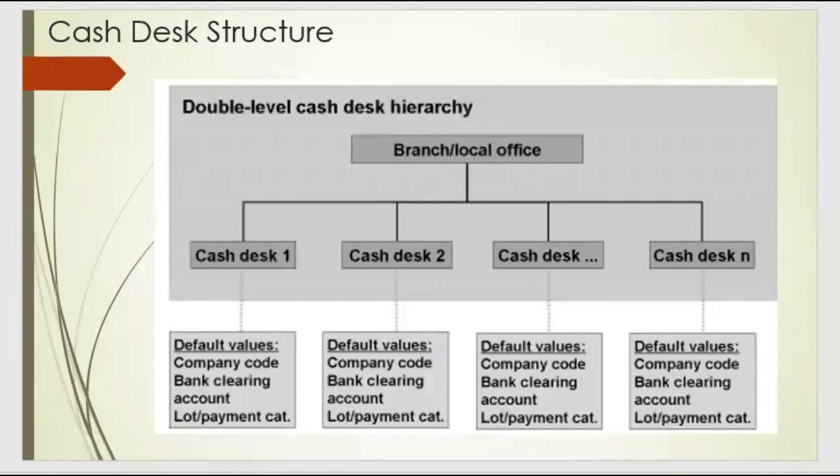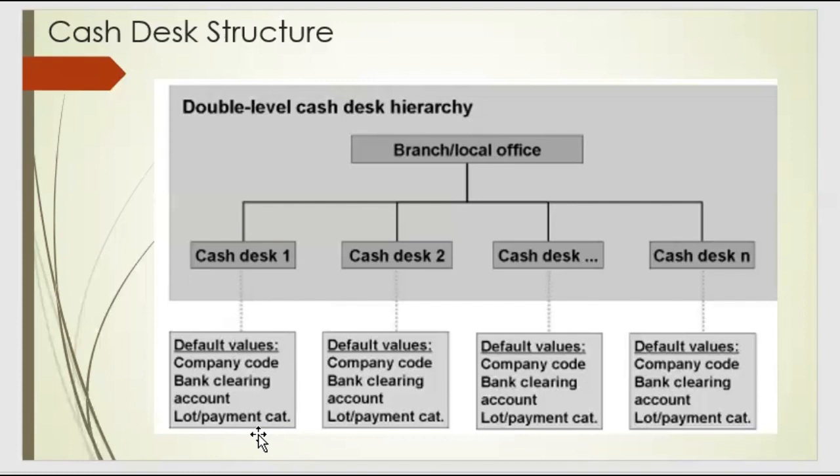Now let's consider a two-level cash desk hierarchy, where you have the branch office. Below the branch office, you have n number of cash desks, cash desk 1 to cash desk n, and each of the cash desks needs to be linked to the company code, the bank clearing account, and the lot payment category. The bank clearing account is where we are putting the money, that is the utilities bank, and the lot payment category defines which kind of payments they can receive.